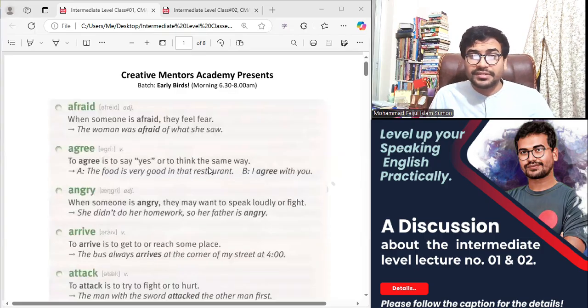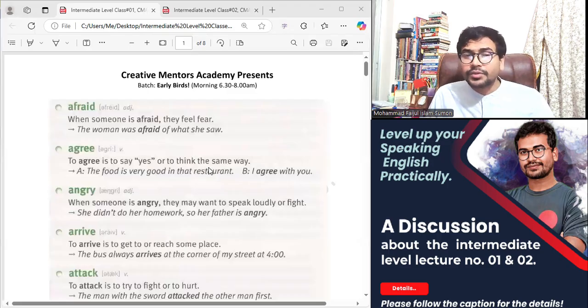Here we can see 20 vocabularies with their English meanings, absolutely, and examples. So each word contains the definition and the example.